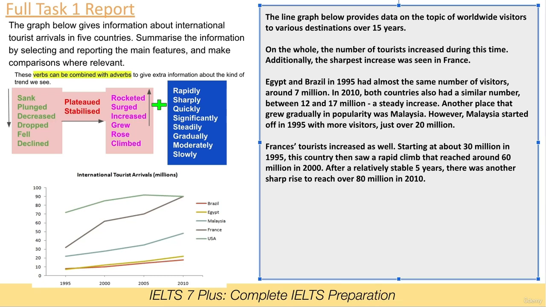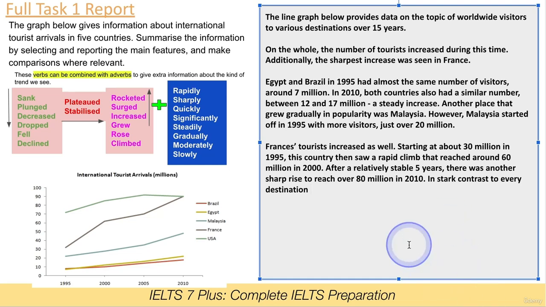Okay, so we've got these groups coming along nicely. We've talked about Egypt, Brazil, we've mentioned Malaysia, France, that's a lot to talk about there. Let's just mention the USA, we can do it in one sentence, I think, because as always, we're thinking about time. We want to make sure we can edit, we can read over. So maybe we just want to say in stark contrast, it's unlike all the other countries, to every destination, perhaps.